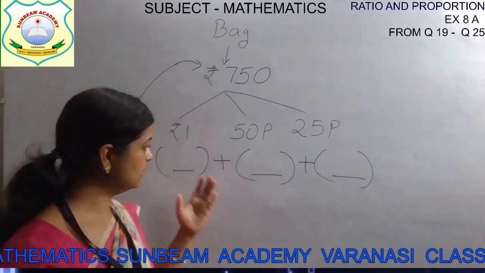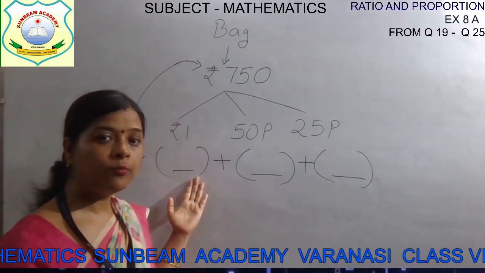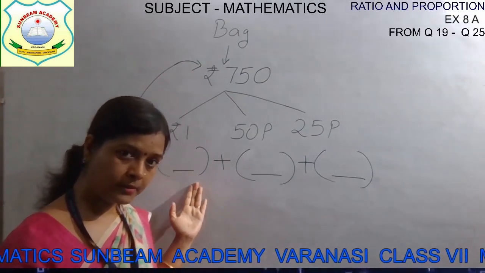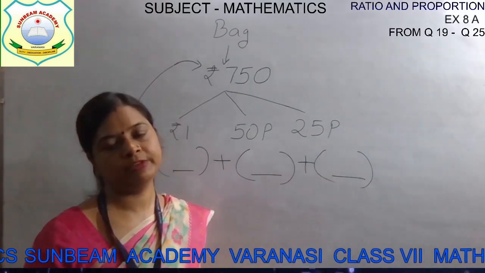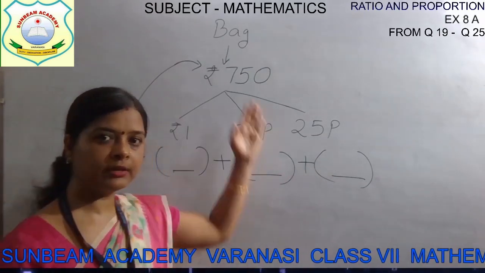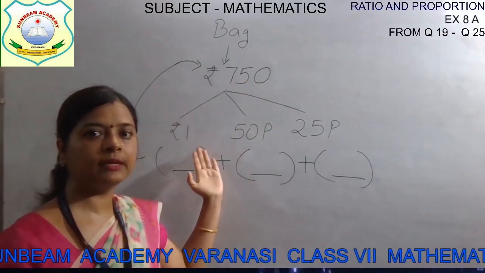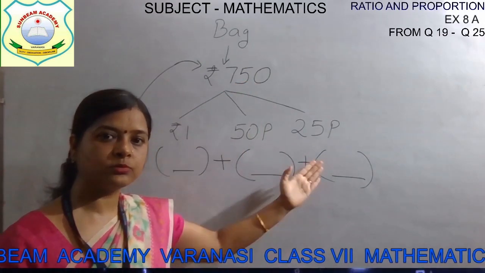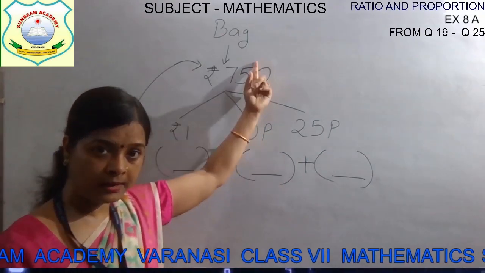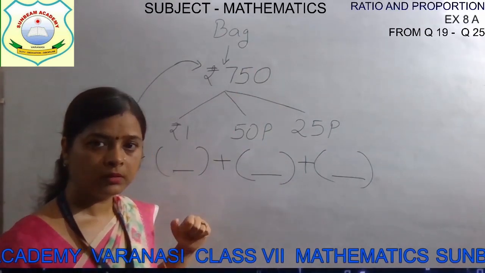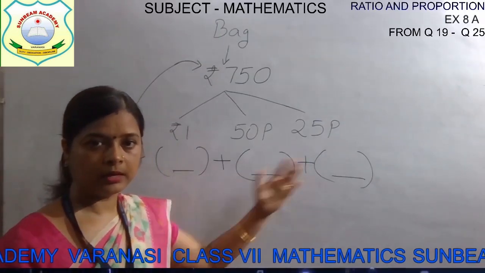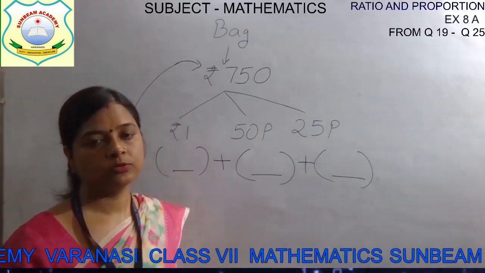But the question is asking, how many coins of 1 rupees are there? How many coins of 50 paisa and how many coins of 25 paisa are there? They have given us the total. They have given an idea that these three types of coins are present in this bag. But they are asking how many 1 rupee coin, how many 50 paisa coin, and how many 25 paisa coin. So this we have to find children.